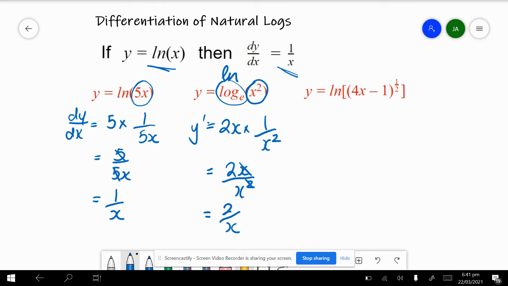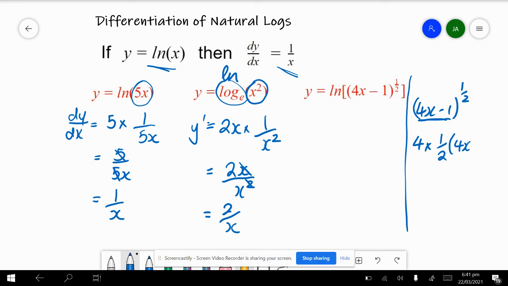Right, so the next one is about as complicated as you get it, because we've got brackets inside brackets. So let's remove that bit inside the brackets first. And we've got 4x minus 1 to the power of a half. So let's just look at differentiating that bit first. So again, we've got brackets, so differentiate the middle bit here. So 4x minus 1 becomes 4, times by a half, comes down the front.